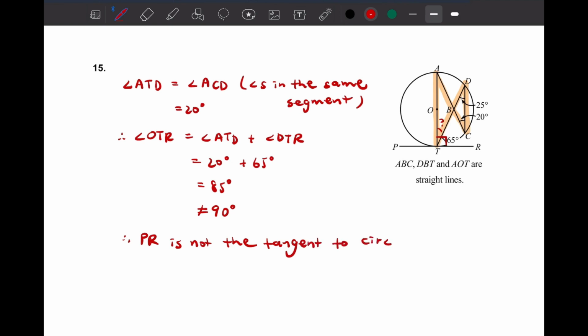So it's not always the tangent. Determine means it can be yes or it can be no. But of course you always have to check. So this time for question 15, PR is not the tangent to the circle at T.